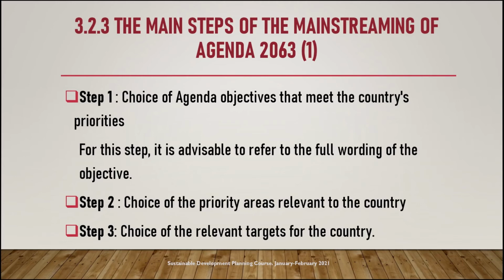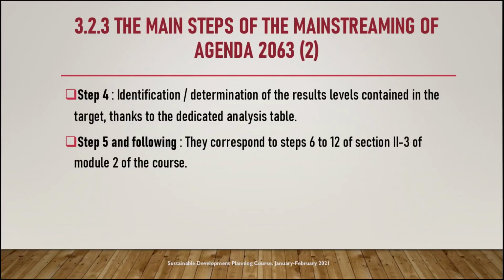Step 2 is the choice of the priority areas relevant to the country. And step 3, the choice of the relevant targets for the country. Step 4, that's what is done through the table, is the determination of the result level contained in the target, or to which each target corresponds, in the dedicated analysis table.